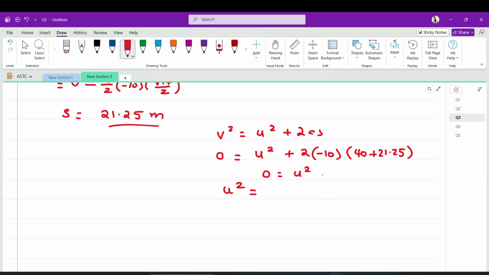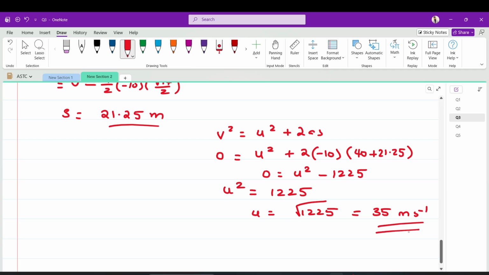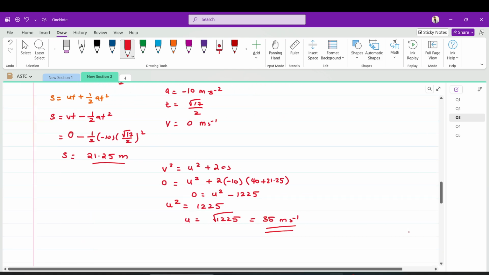So that will be minus 1225. So over here we can write u square is equal to 1225. So u is equal to square root of 1225. When I take the square root of this, I'm going to get exactly 35 meters per second. So this is the speed of projection of the second distress signal.